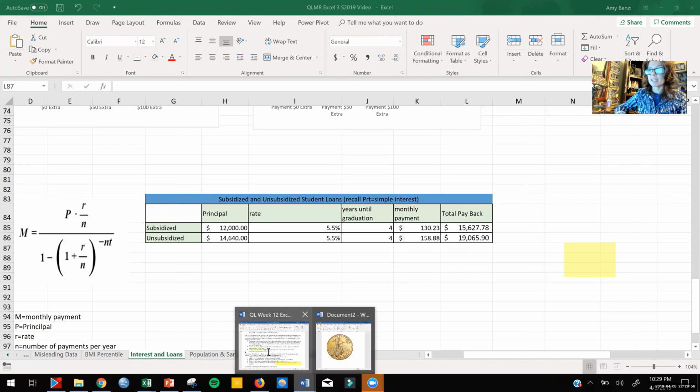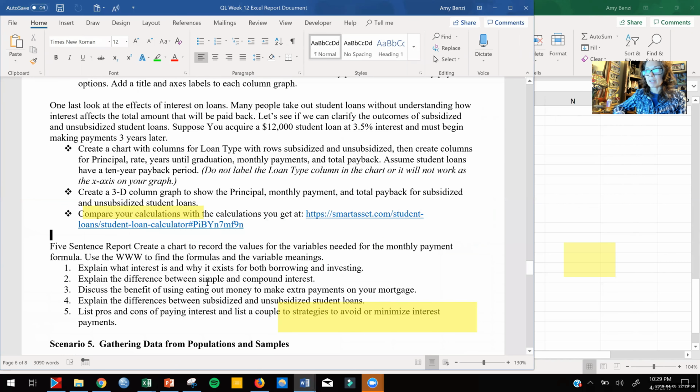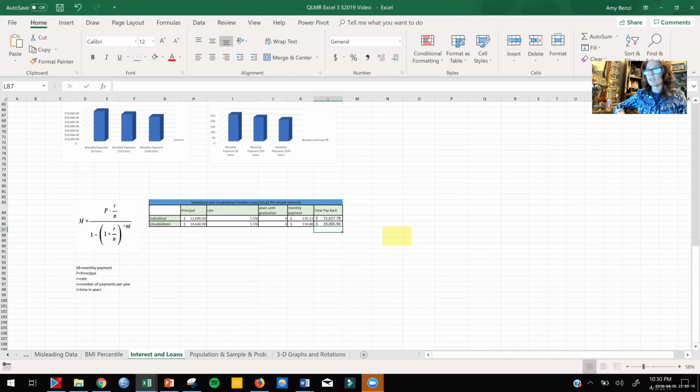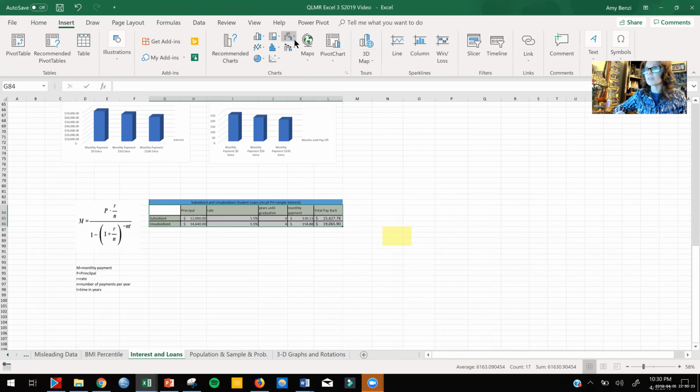Let's see what else we have left on here. It looks like we're ready to answer our questions. Everything was explained during the course of the video. Let's just get one quick look at everything here. Were we supposed to have a graph for this one? Yes, of course. So I'm actually not finished yet. I'm just going to select that data and insert again the 3D bar chart.